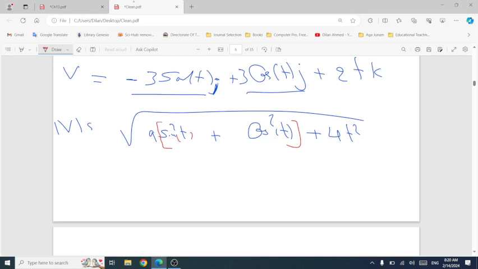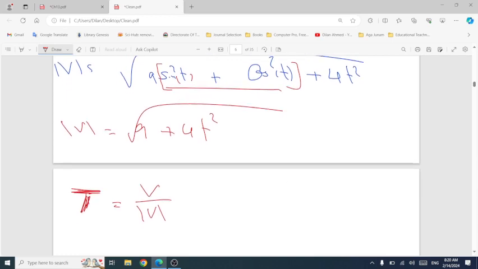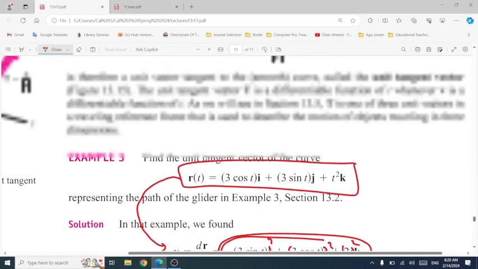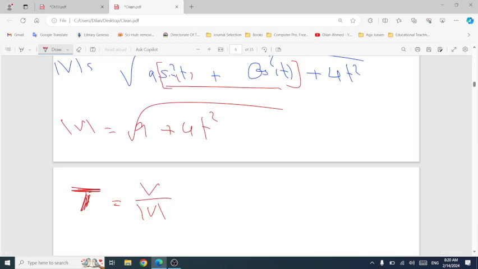Am I right? And that one equals 1. So that's why the length of V is that one. And we say T is equal to what? V over the length of V. It's called unit tangent. Why unit? Because each vector over its length will be a unit vector.